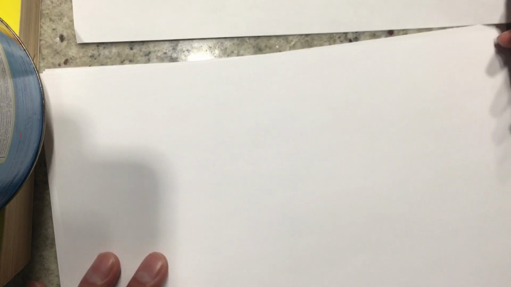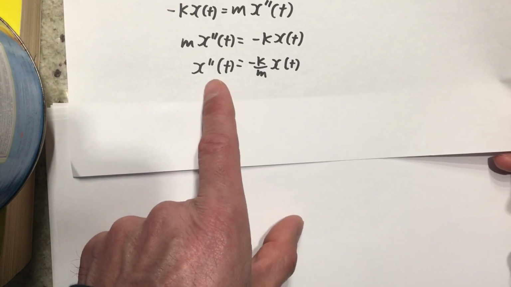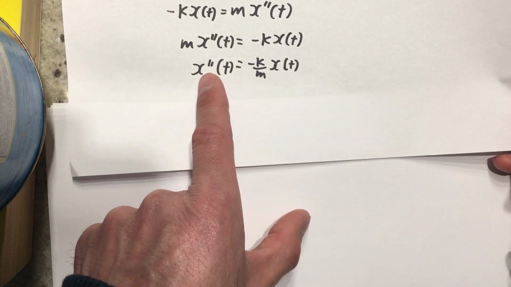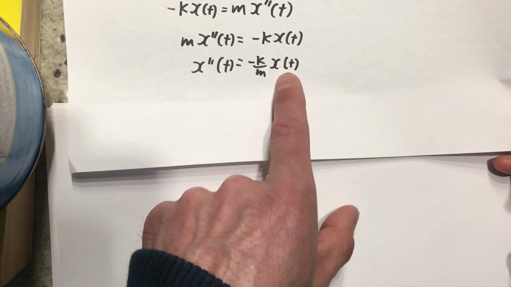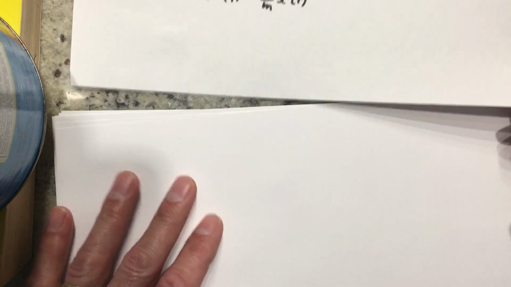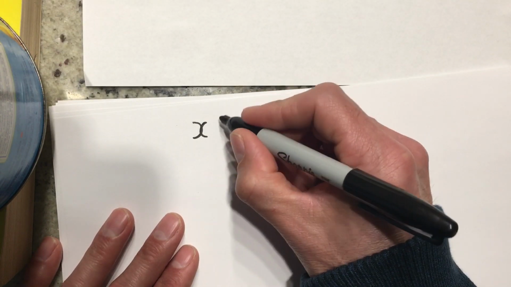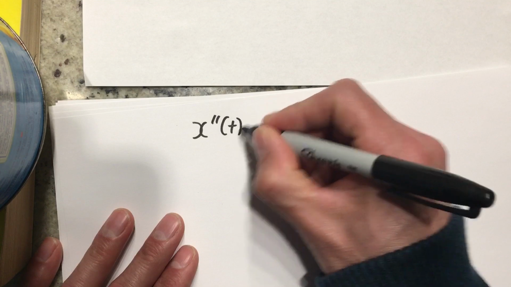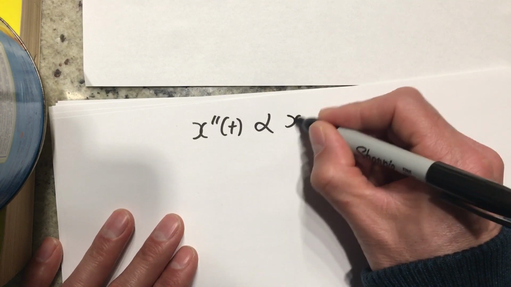Now, as we try and solve it, from looking here, we can see that the second derivative is equal to something times the actual function. So it's something like the second derivative is proportional to our function.